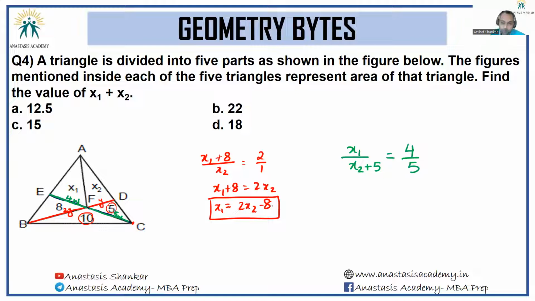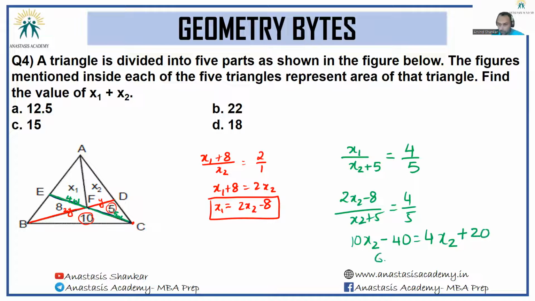Now x1 I already know to be 2x2 minus 8. So let me replace that directly. (2x2 minus 8) by (x2 plus 5) is equal to 4 by 5. Let me jump. I will get how much? 10x2 minus 40 is equal to 4x2 plus 20, or 6x2 is equal to 60, or x2 is equal to 10.